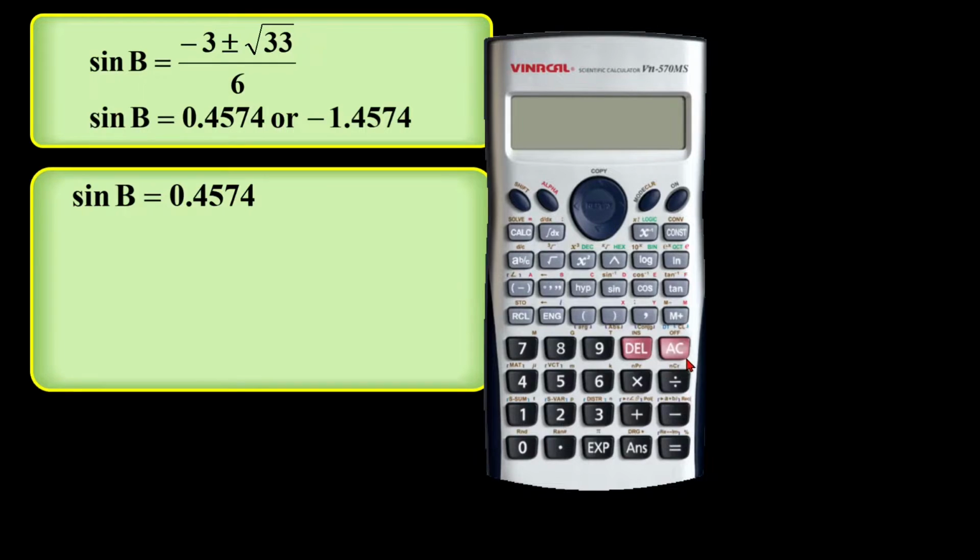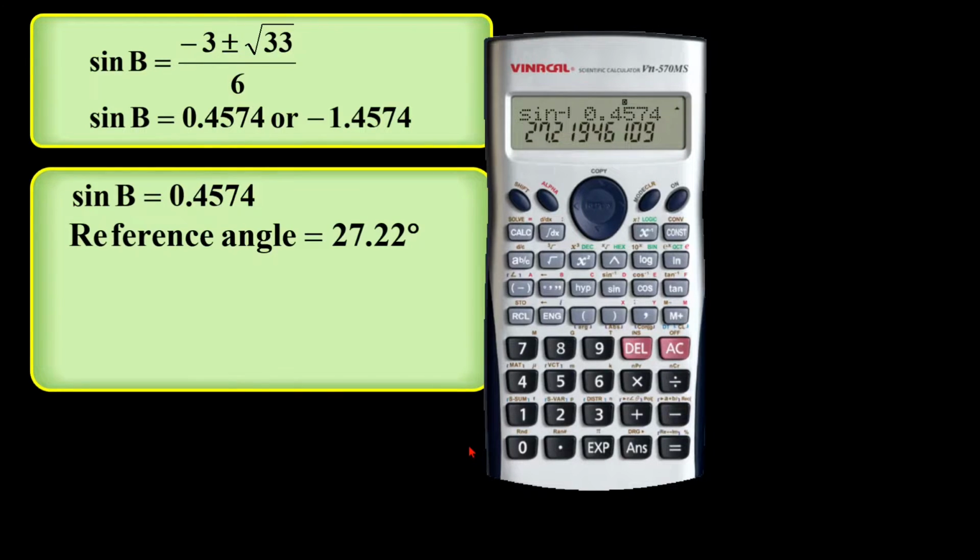So shift, sine, 0.4574. Okay, and I press equals, so that will give me the reference angle.